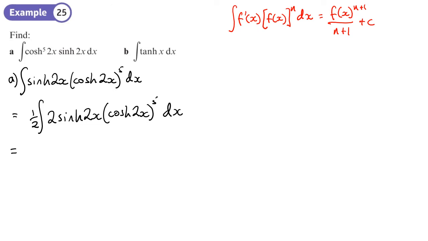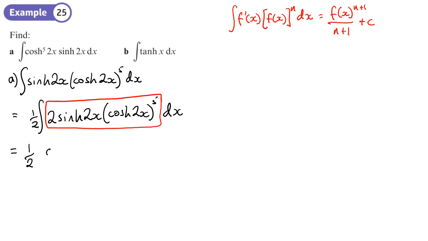What I can do is replace this part here, which is exactly f dash of x times f of x to the power n. I will have a half times, and then I'll just apply the rule.